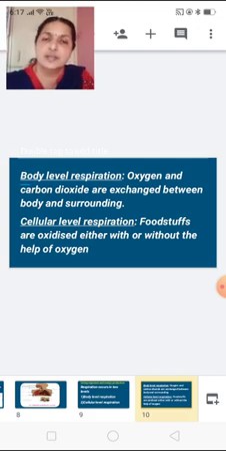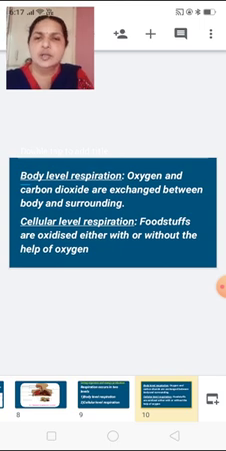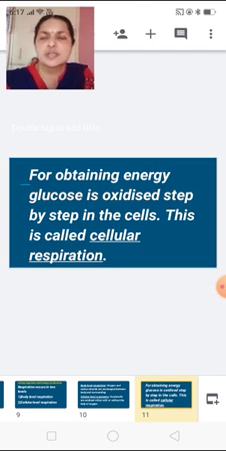Cellular level respiration: foodstuffs are oxidized either with or without oxygen. For energy production, glucose, a type of carbohydrate, is oxidized step by step in the cells. This is called cellular respiration.